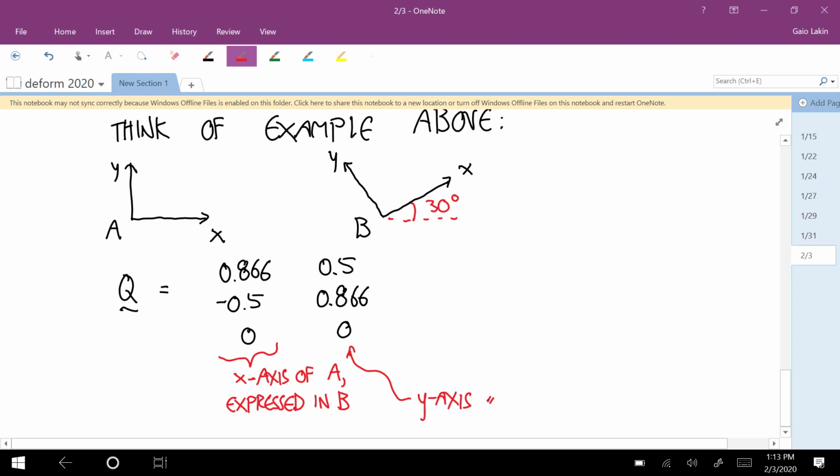So you put this vector over here, and then you'd have to figure out the counterclockwise angle from the x-axis to that vector. In this case, it would be 60, and then cosine and sine of 60. And then the third one is take the z-axis in this coordinate system. What would be the component of the z-axis if you expressed it in this coordinate system? 0, 0, 1. Yep, great idea.